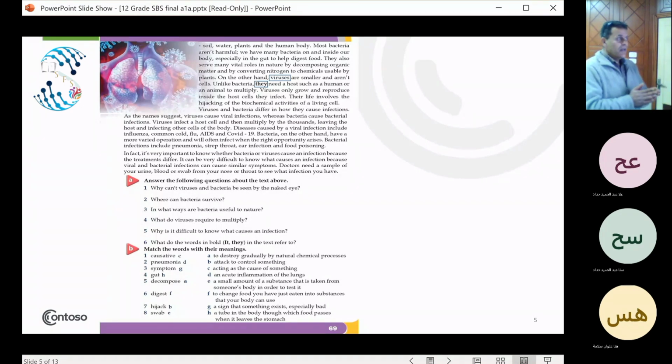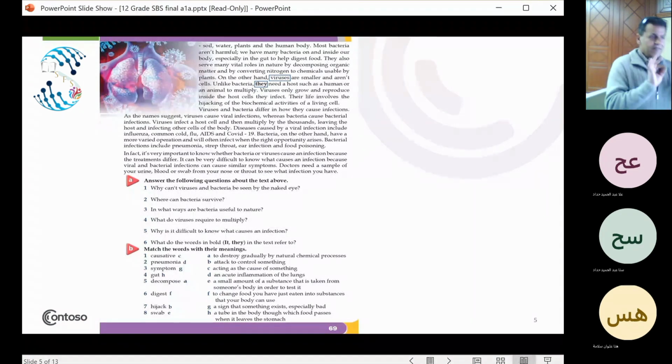The last paragraph says, in fact, it's very important to know whether bacteria or viruses cause the infection. It's important to know because the treatments differ. It can be difficult to know what causes an infection because viral and bacterial infections can cause similar symptoms.